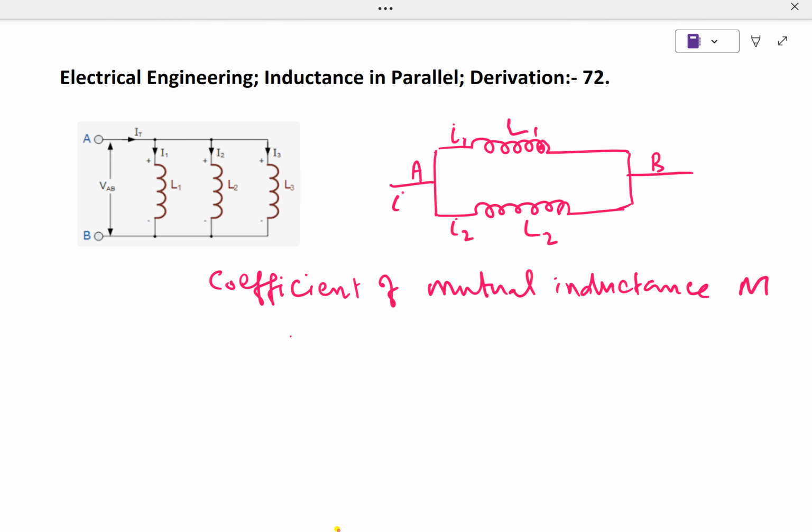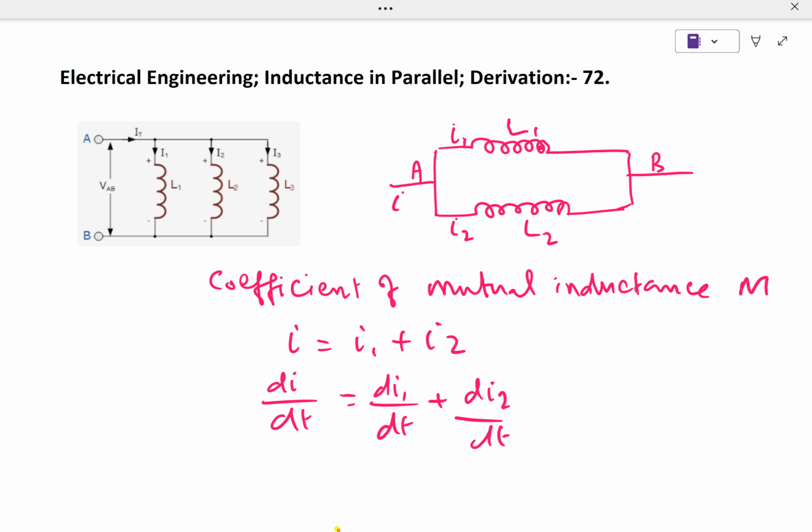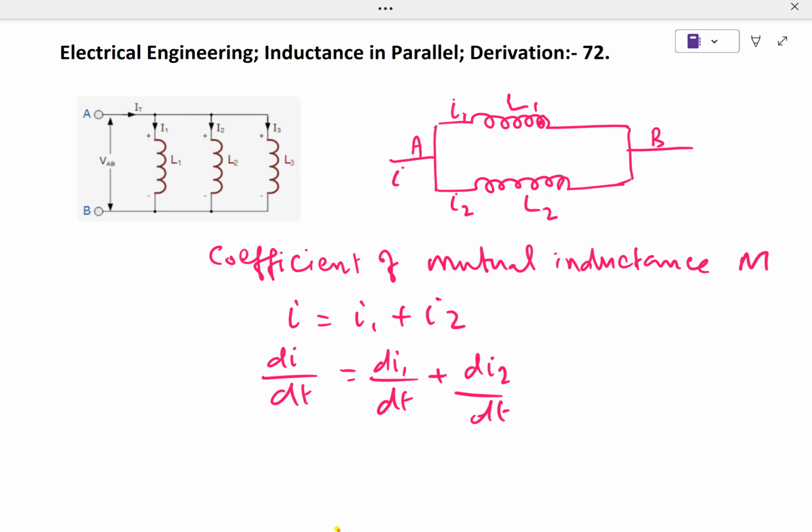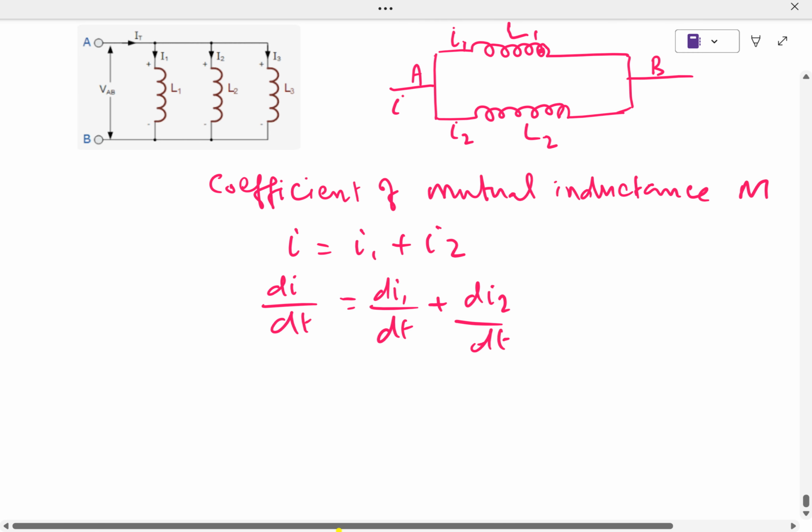Now, obviously the current I is split as I1 and I2. Therefore, di/dt is equal to di1/dt plus di2/dt. Let it be 1.